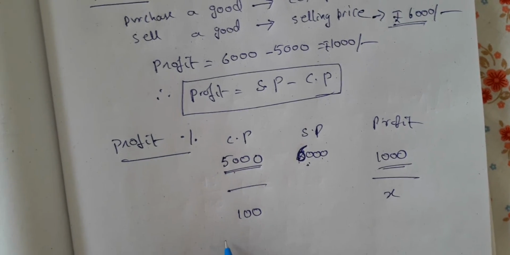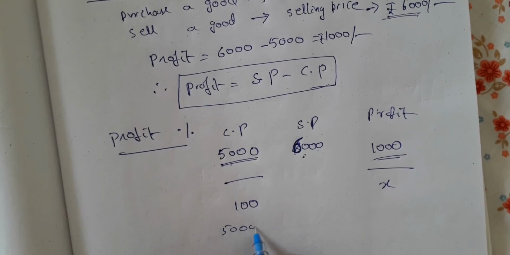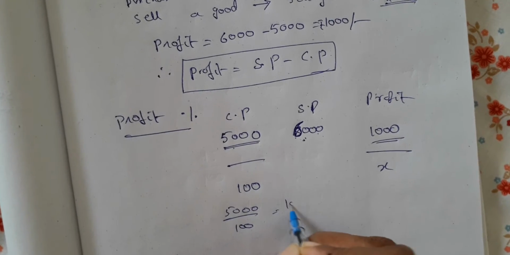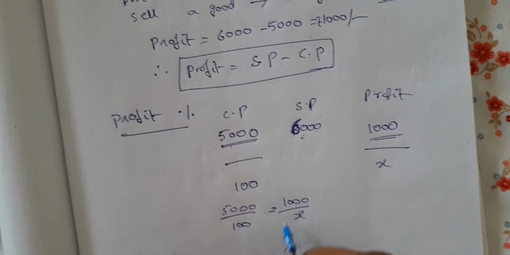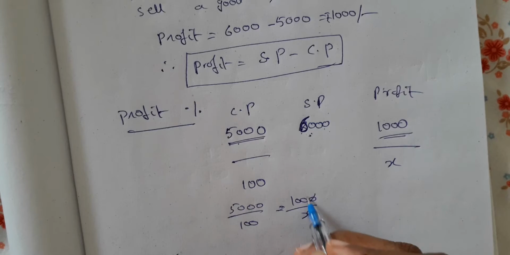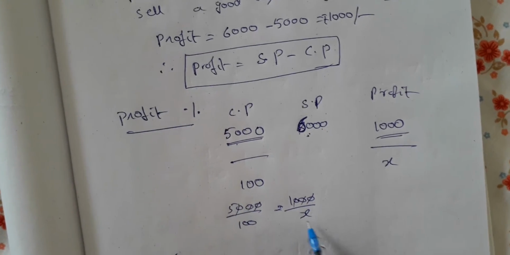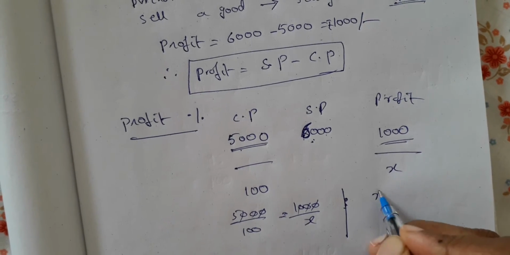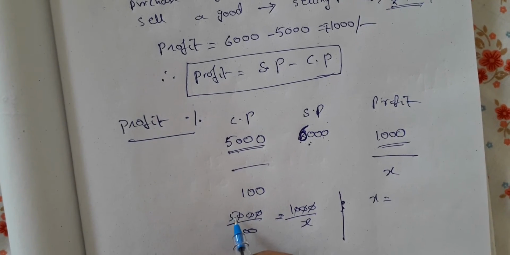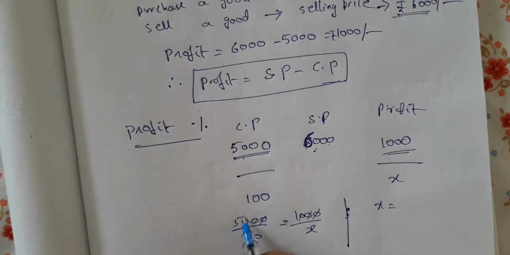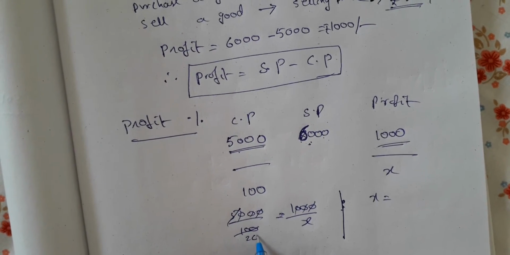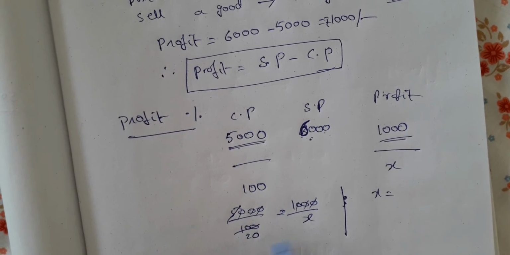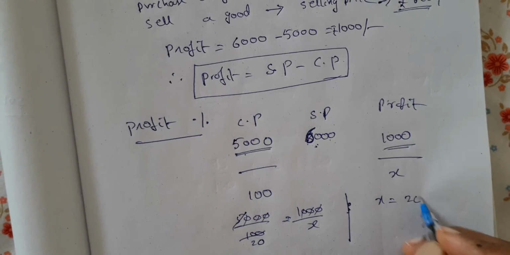So now you can write it as 5,000 divided by 100 is equal to 1,000 divided by x. This is what we did in ratio form. So x is equal to, transposing this, 5 how many times? 20 times. So now x is equal to 20.